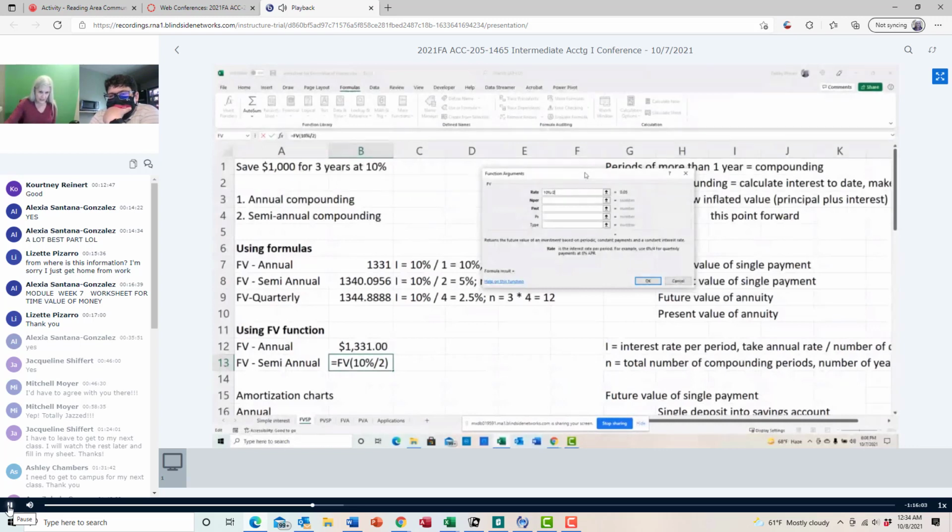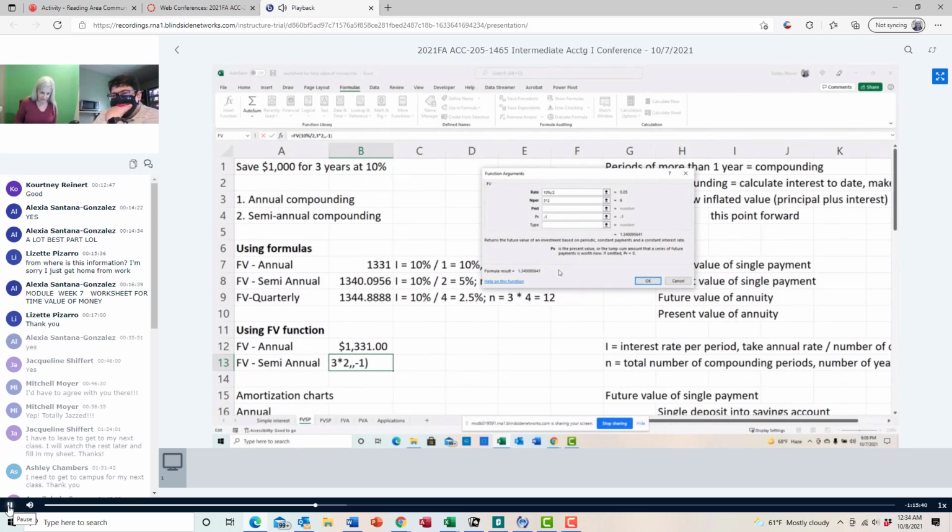In the number of periods, I'm just going to put 3 years multiplied by 2 payments per year. I don't put the equal signs in here, I just put the formulas in the box. So notice the answer comes up as 6. Then I have to skip over to the PV, and because I'm making an investment, I put in a negative 1,000.